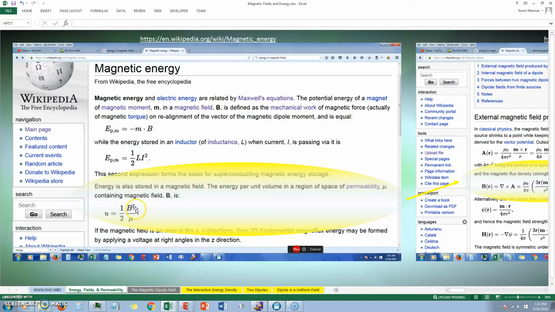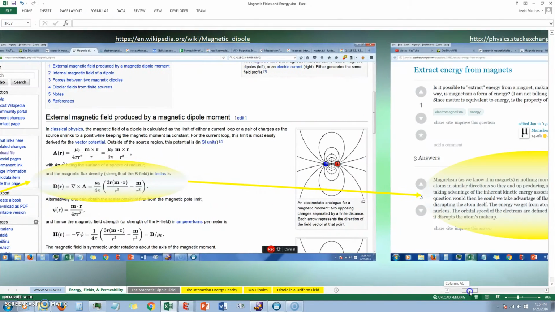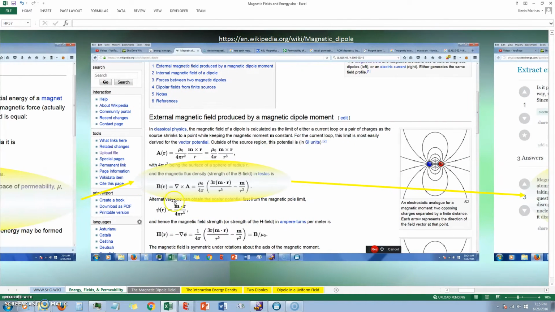And right here we see that the magnetic energy in a magnetic field is an energy per unit volume in a region of space, defined by the magnetic field B and the permeability, Greek letter mu, down here. The magnetic field in turn is based on the curl of the magnetic vector potential.